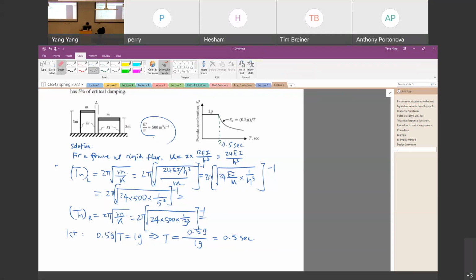The first one should be... the polar building should have a larger period.